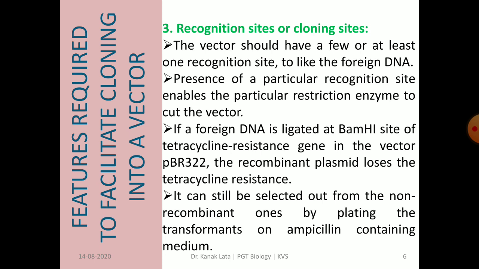Why? Because here the alien DNA is inserted in the recombinant plasmids. Such a recombinant plasmid, however, can still be selected out from the non-recombinant plasmid by plating them on ampicillin containing medium.